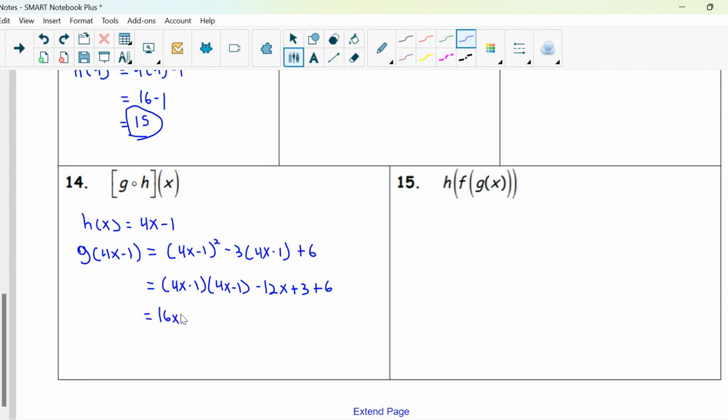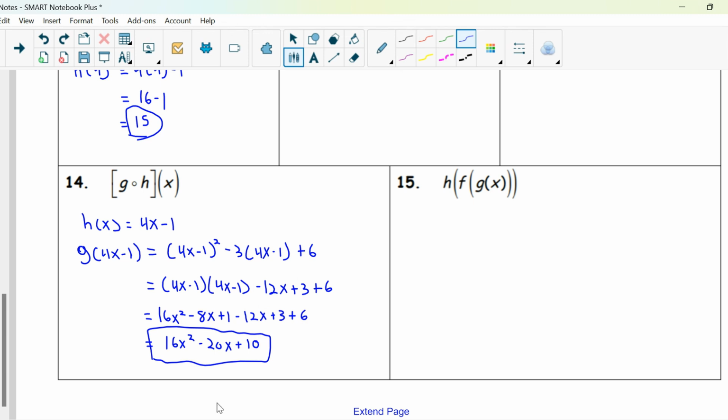This is going to give me 16x squared minus 8x plus 1. And now I'm just going to combine like terms. So I've just got 16x squared minus 20x plus 10. And that's going to be my final answer there.